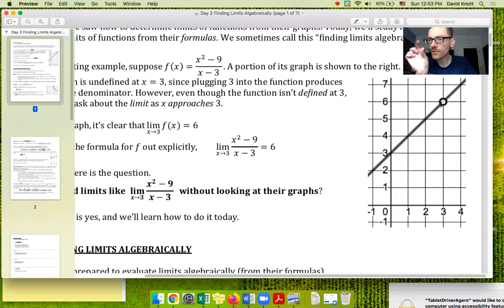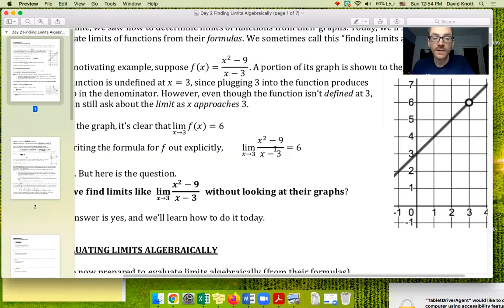Basically, it's because the hole is technically infinitely small. It's like one point is missing from the graph, so it doesn't show up because it's too small. So finding limits algebraically is really important because if you graph a function like this on your calculator, it really will not be evident that there's a hole in the graph at all.